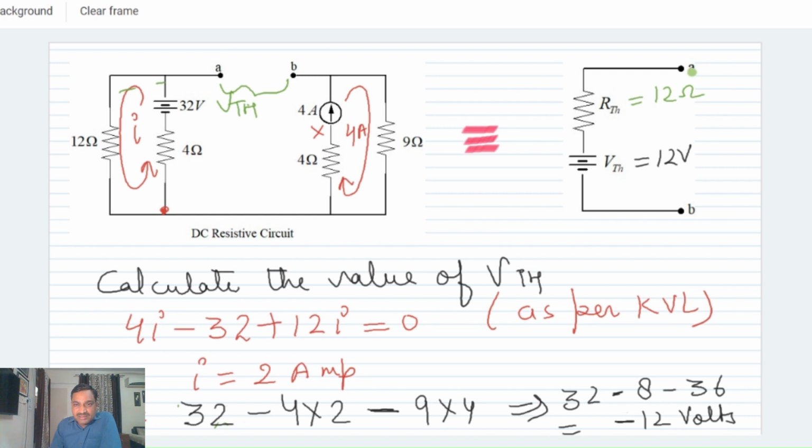Now, to find the current flowing through this 6 ohm resistor, we will again connect the load resistance to this equivalent circuit, and the circuit will now be of this manner. In this, we can easily determine the current flowing through the 6 ohm resistor.